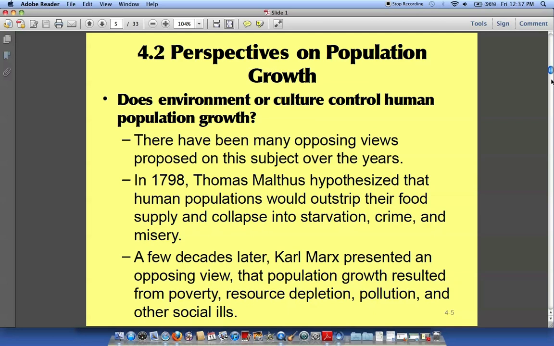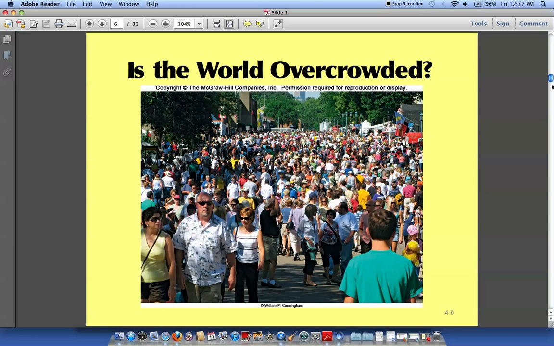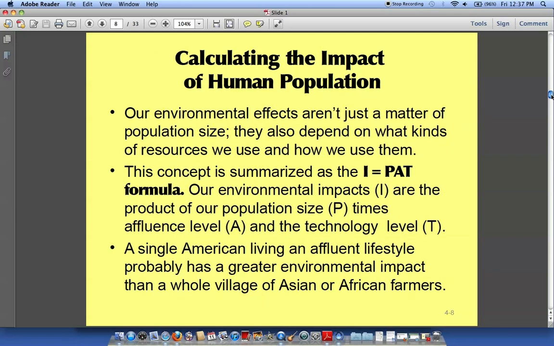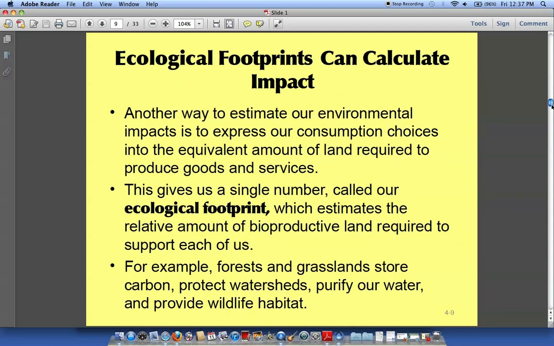So here's some comments, and a lot of these are just pictures and why things have grown the way they have, and all sorts of mathematical formulas and calculations, and what are we doing to the environment? What is our ecological footprint? In fact, there's a lot of documentaries out there now on TV about what is your footprint, what are you leaving behind?